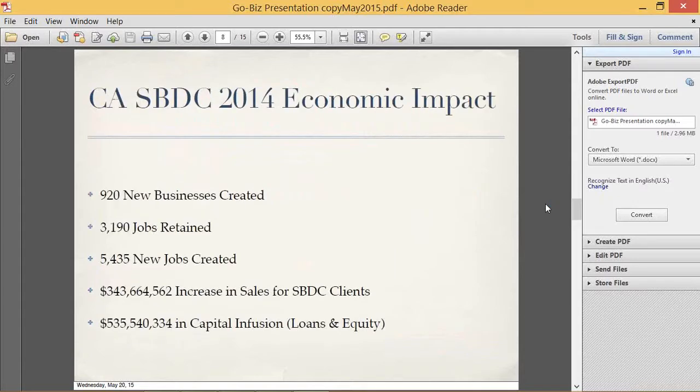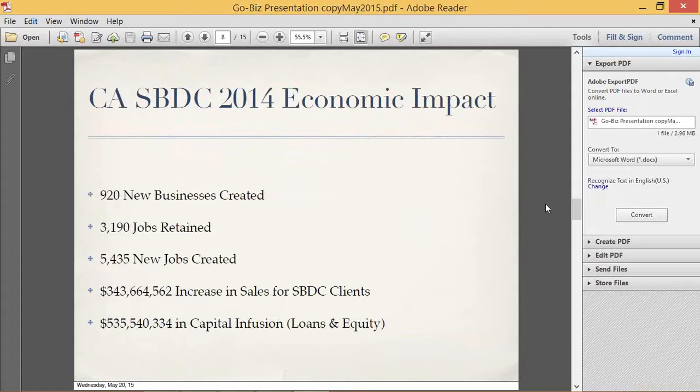This gives you an idea of the economic impact for 2014: 920 new jobs created, over 3,100 jobs retained, over $343 million in sales increase, and a capital infusion for loans and equity of over $500 million.